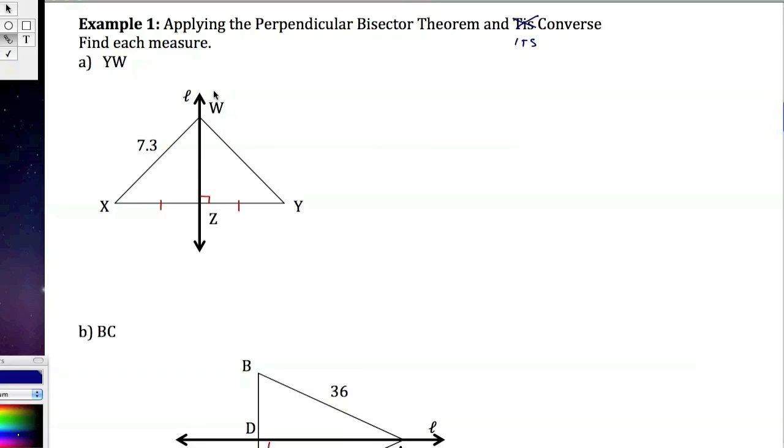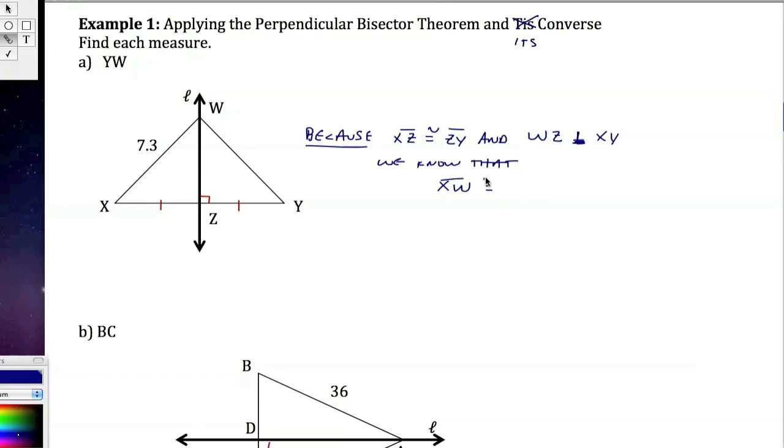We want to find YW. Well, we know that because XZ is congruent to ZY, and because WZ is perpendicular to XY, we know that XW must be congruent to WY.